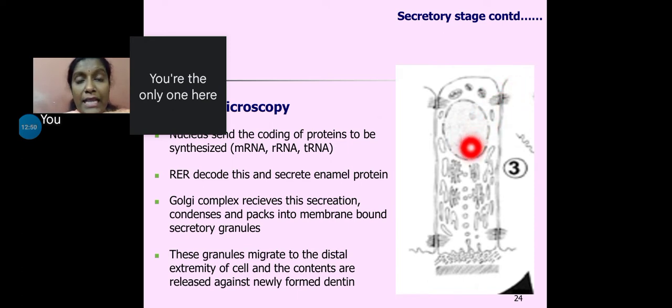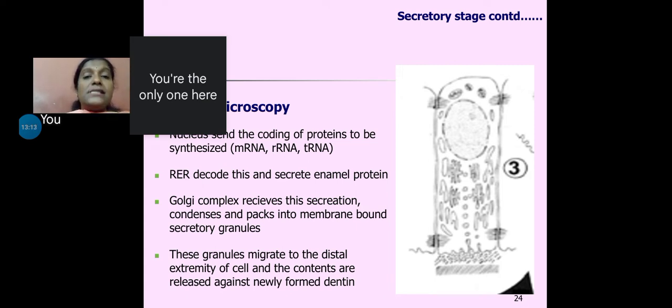They carry the transcription from the nucleus and take it to different parts of the cell. You can also see that the chromatin is opened up. All the chromatin threads are opened up so that they can transcribe, as they need to work now. So it's in the open phase of the nucleus.